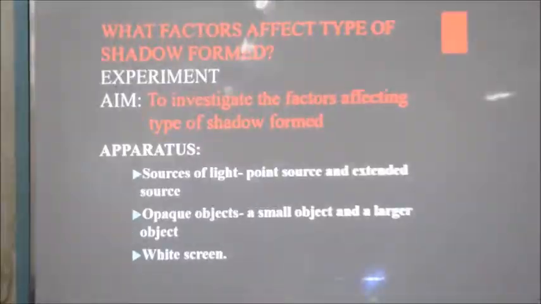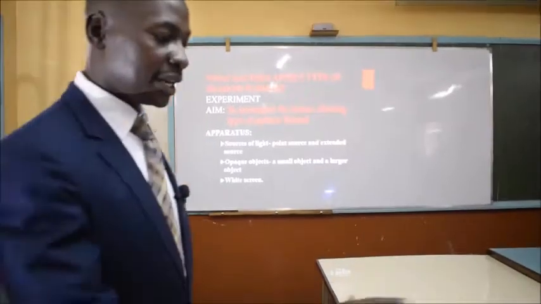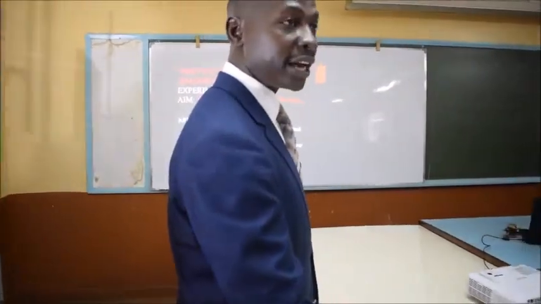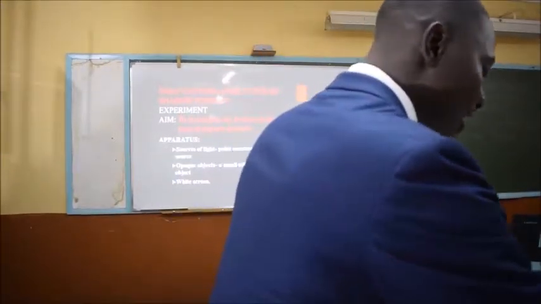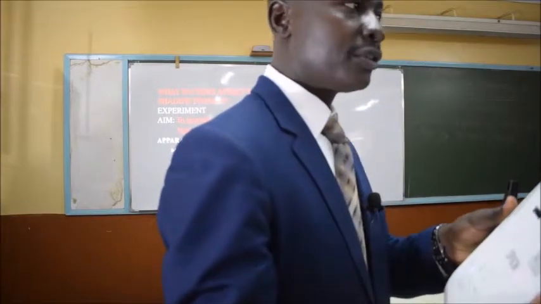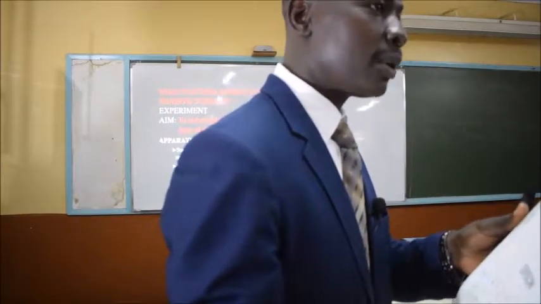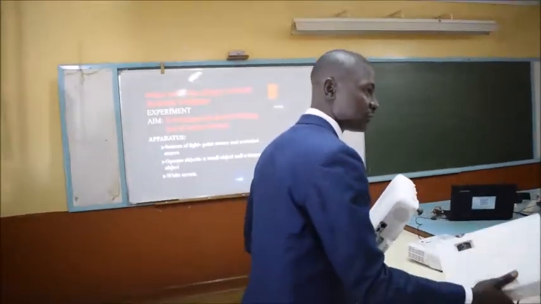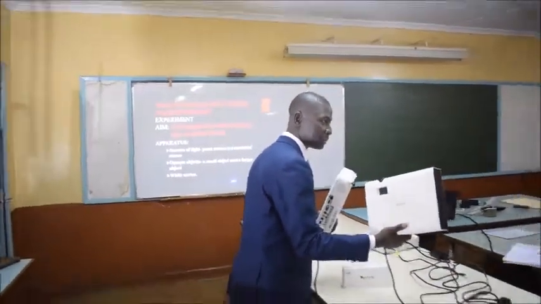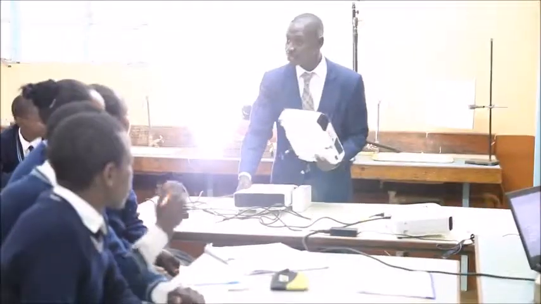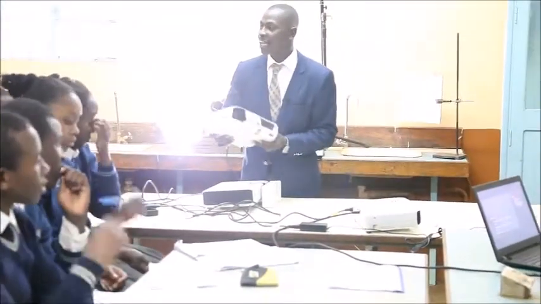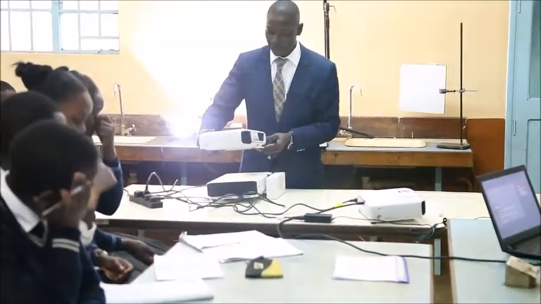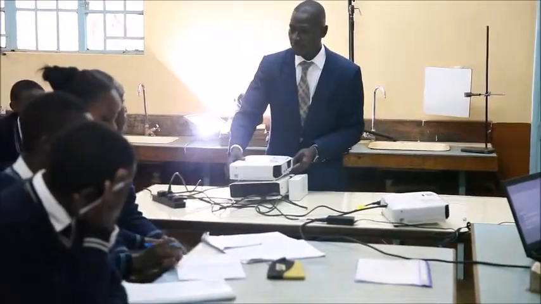will require some sources of light. These are our sources of light. One source of light, we've improvised the projector to be a source of light, and the other source of light. We shall use both sources to see, do they have any difference in the type of the shadow that is being formed.